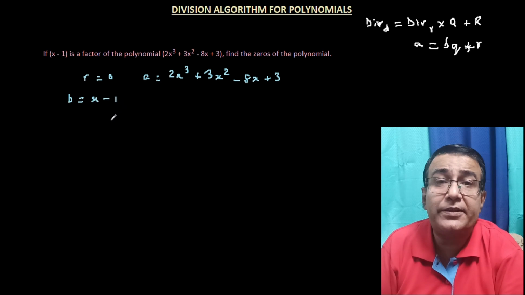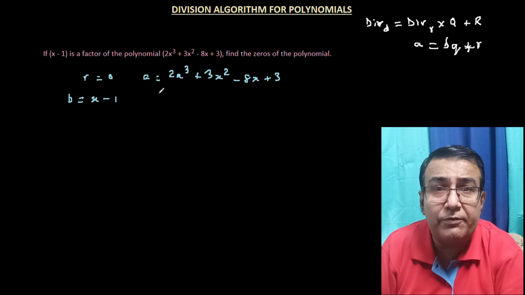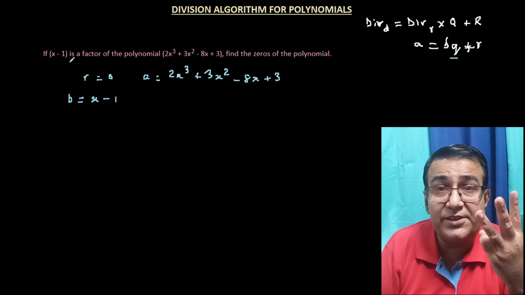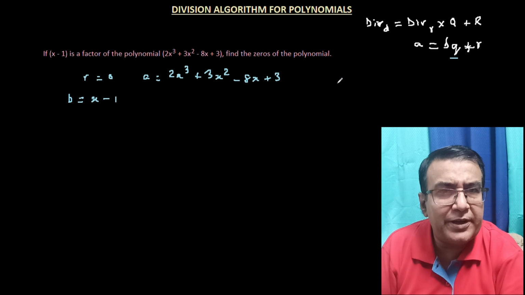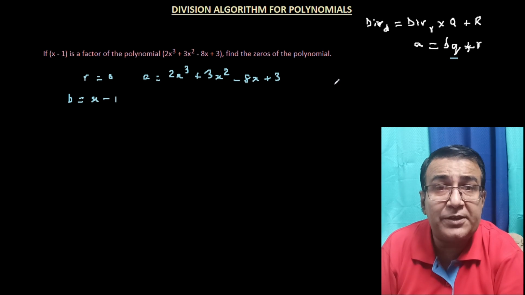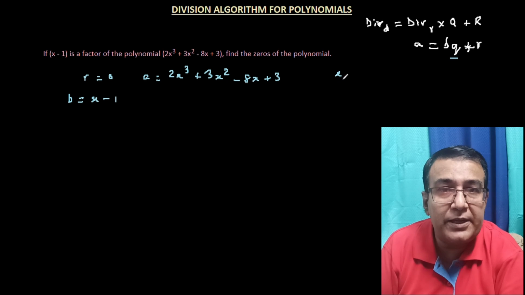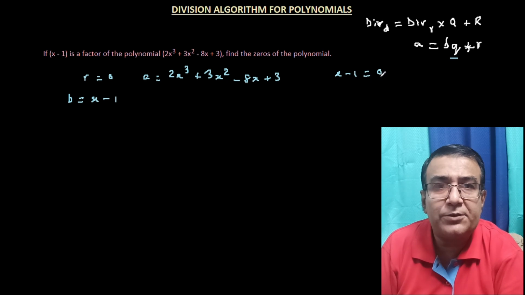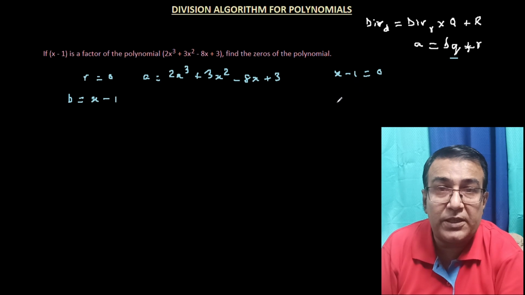And since we have to find the zeros of the polynomial, and we know that this is a cubic polynomial, so it will have 3 zeros. Well, 1 zero is already known, so we know that x minus 1 is a factor, which means we can equate the factor equal to 0. So x minus 1 will be equal to 0, which when 1 is taken to the other side, we can say that x is equal to 1.